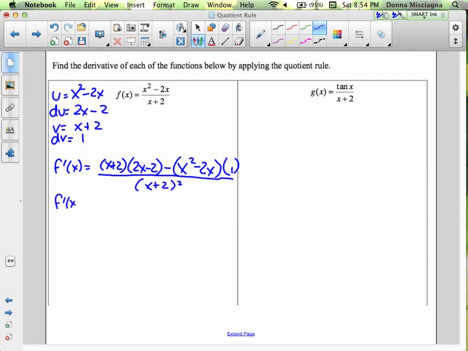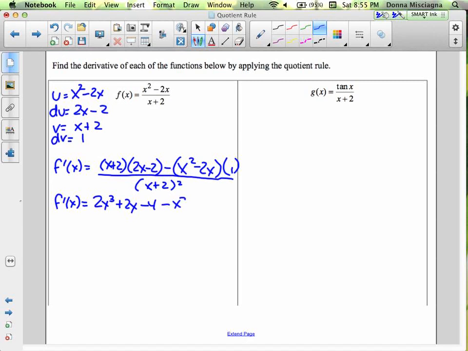F prime of x is equal to, we'll have to FOIL here, because we had nothing we could factor out. X times 2x will be 2x cubed. And then we'll have negative 2x and positive 4x. So outer is negative 2x, inner is positive 4x. So that's going to be a positive 2x. And then 2 times negative 2 is a negative 4.